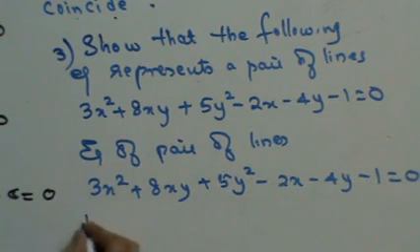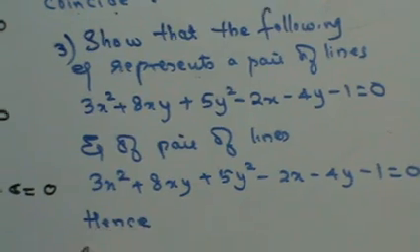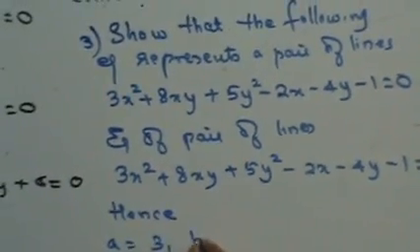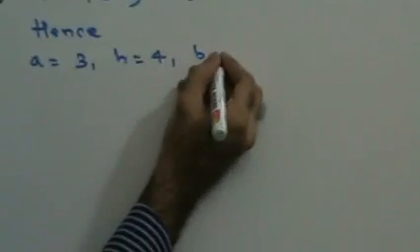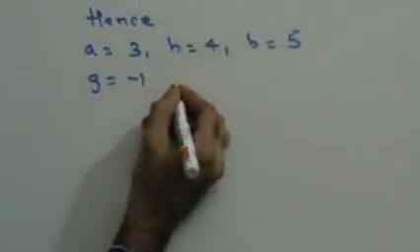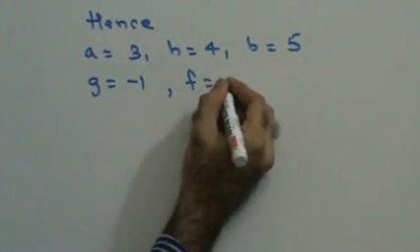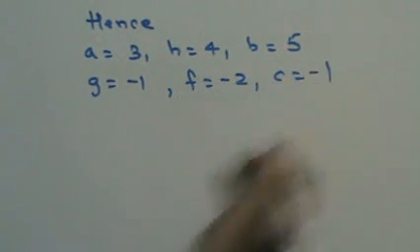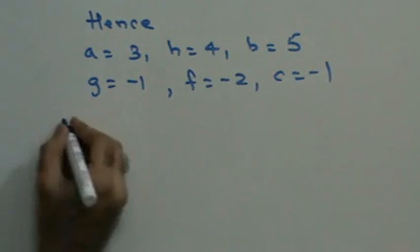Now, I can say hence A is 3, H is 4, B is 5, G is minus 1, F is minus 2, C is minus 1, right?